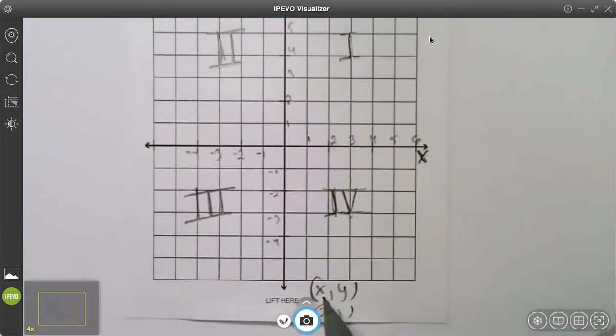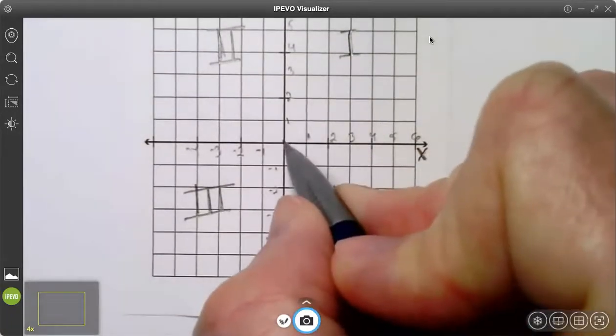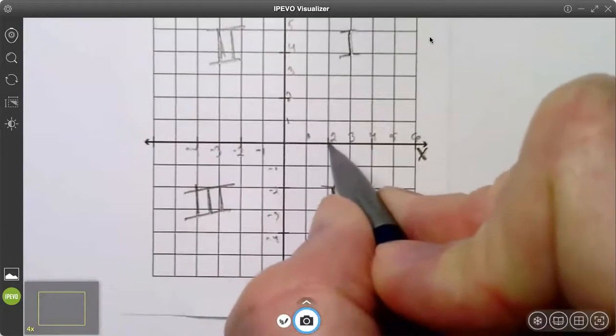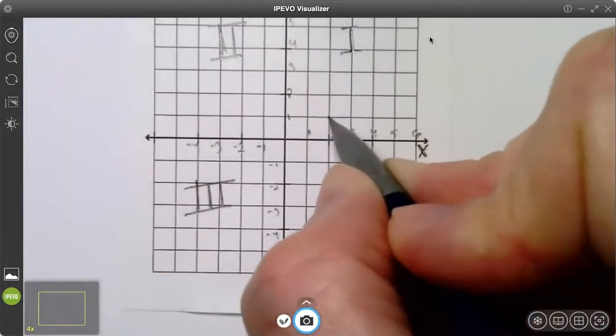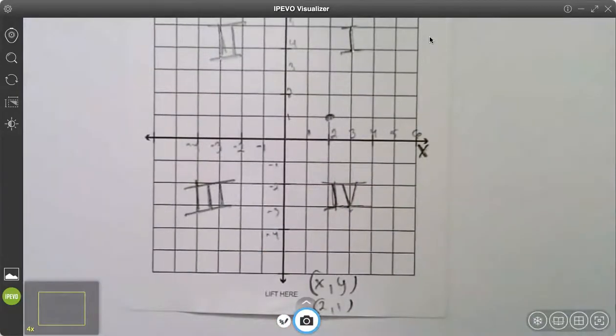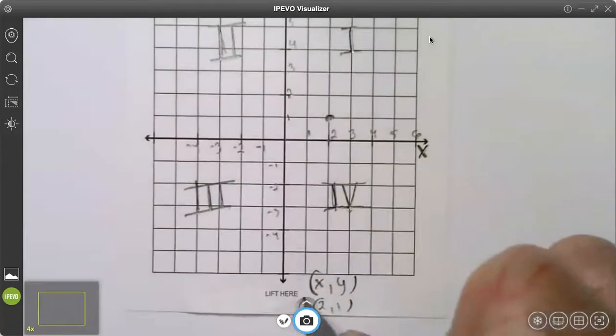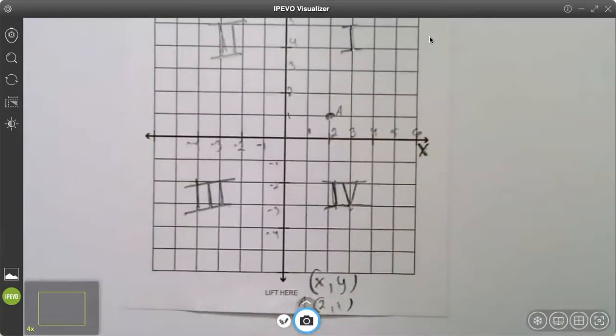So if I want to go x, comma y, 2, comma 1, I start at my origin, which is 0, comma 0, and I go 2 places to the right to get to 2 on my x-axis and 1 place up to get to 1 on my y-axis. So if we were plotting A, 2, comma 1, there's where it goes.